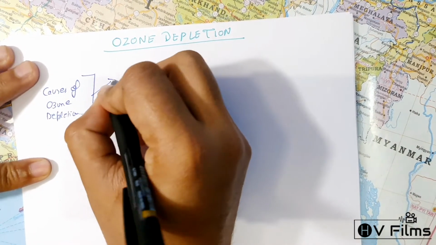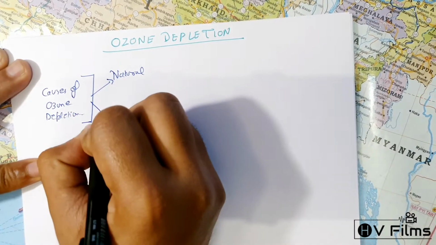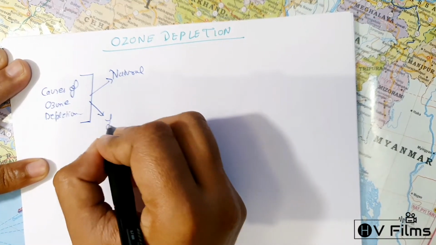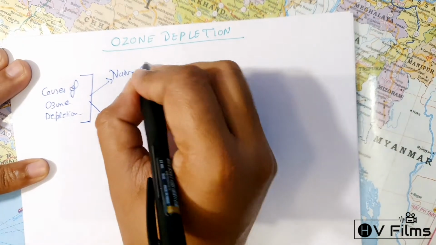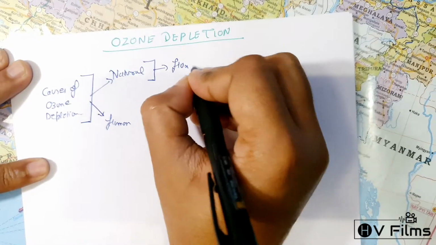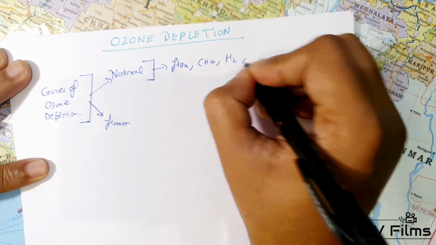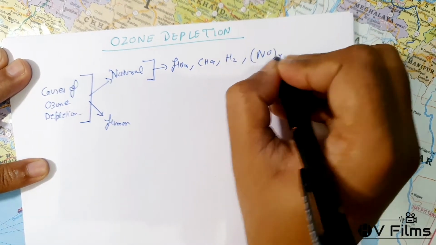Ozone depletion can be caused by both sources, the natural and the human. The natural sources can be HOx, methane, H2, and NOx.